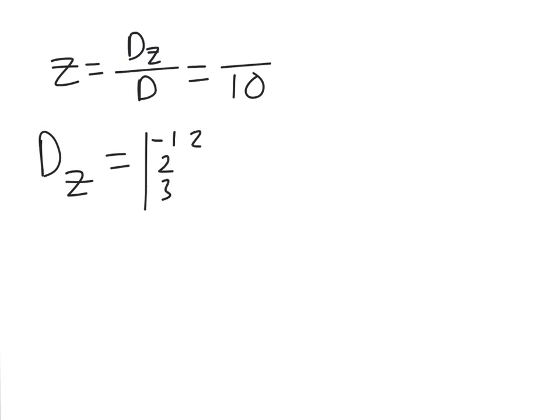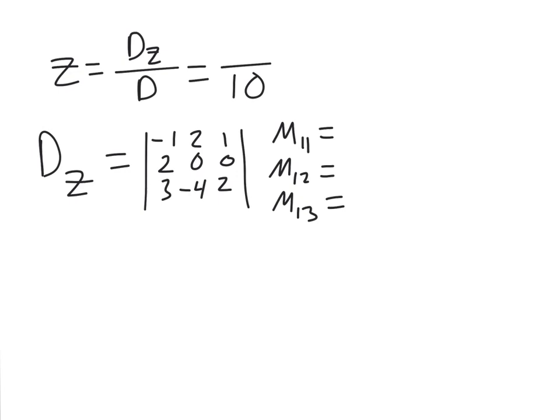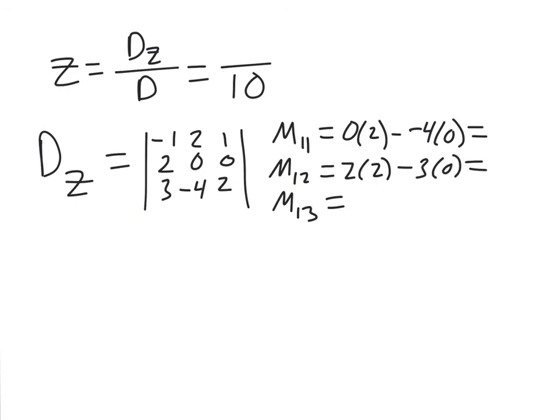We will have our y coefficients, but then those z's are gone, and we have 1, 0, 2. And once again, minor 1, 2, 1, 1, 1, 2, 1, 3. So taking out row 1, column 1, taking out row 1, column 2, and row 1, column 3.